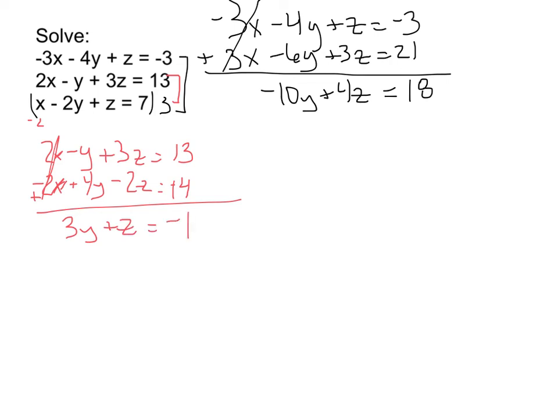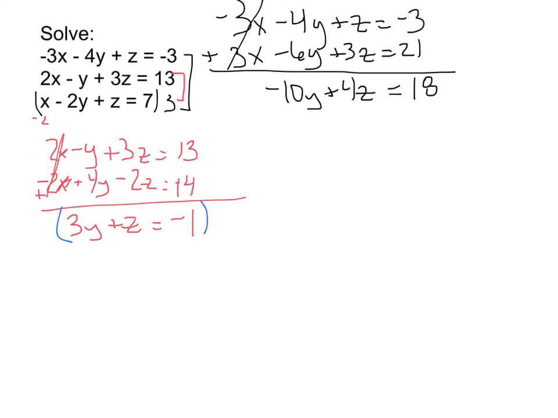Okay. Now I have to choose between my black line and my red line which variable to eliminate from that system. The z makes the most sense because in the red equation I have a plus 1. So if I multiply this by negative 4, I keep the negative 10y plus 4z equals 18 the same.